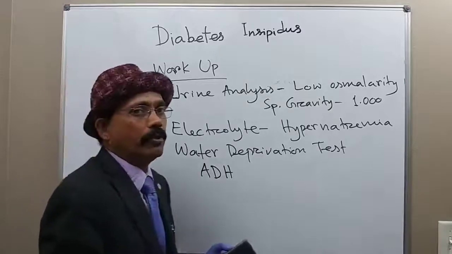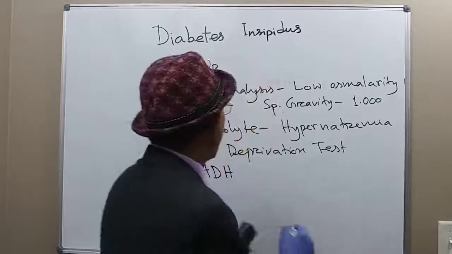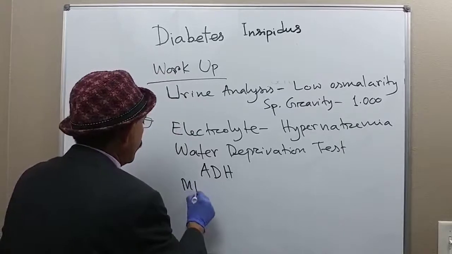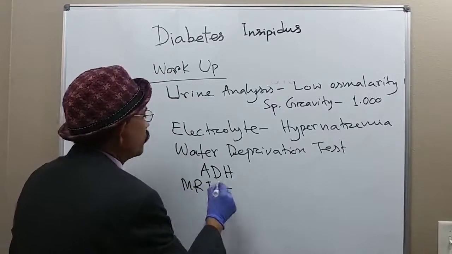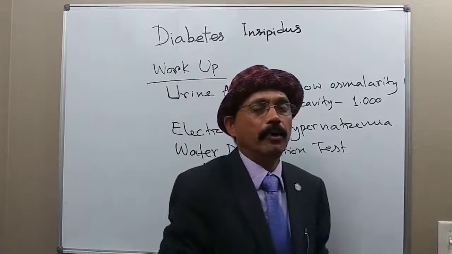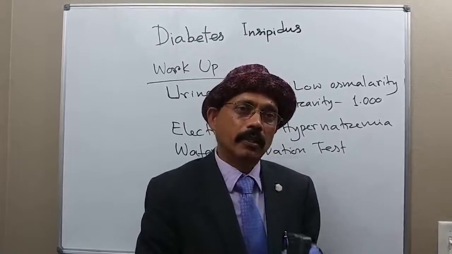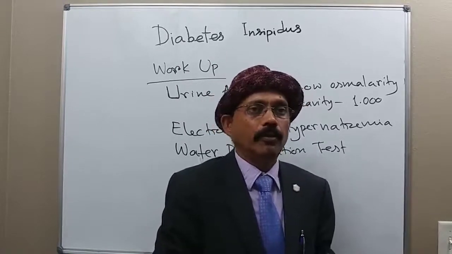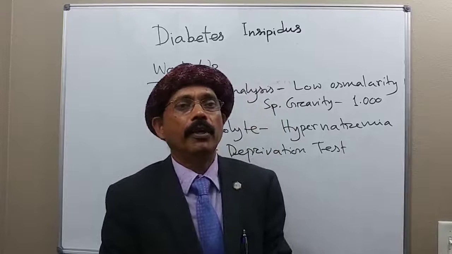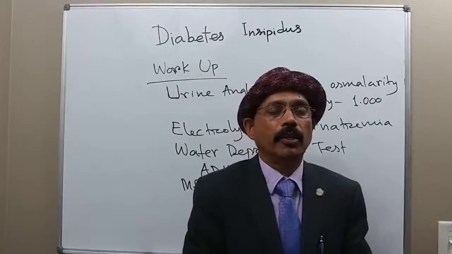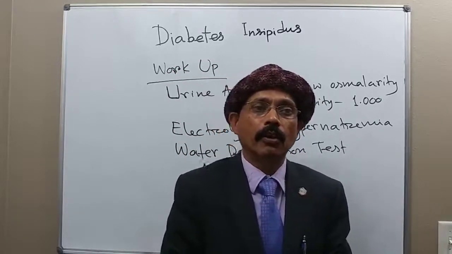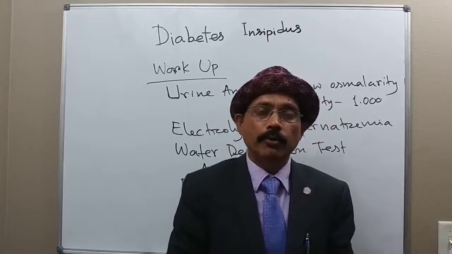If we suspect something wrong in the brain, then we can do an MRI to find out any problem in the hypothalamus or something blocking the posterior pituitary. If you get a history, the person may have had a previous tumor removal, like craniopharyngioma or pituitary adenoma.